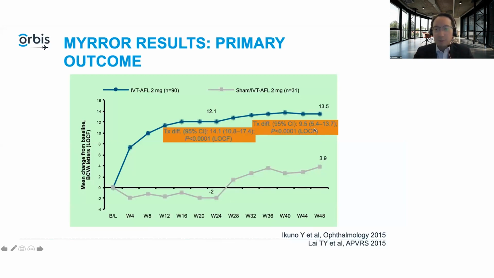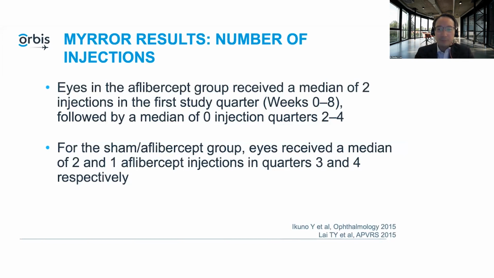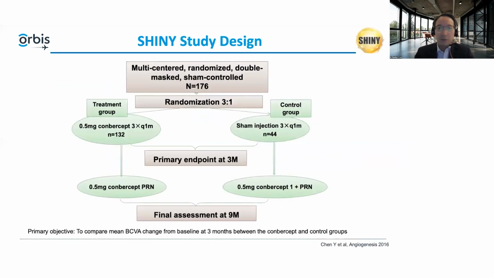Still some improvement, but as you can see, a very large gap. So again, you should treat your myopic CNV patients with anti-VEGF agents early. Again, the number of injections was very low after the first quarter, with a median of 0 injections in the last 9 months. So treatment demand is very low for these patients.